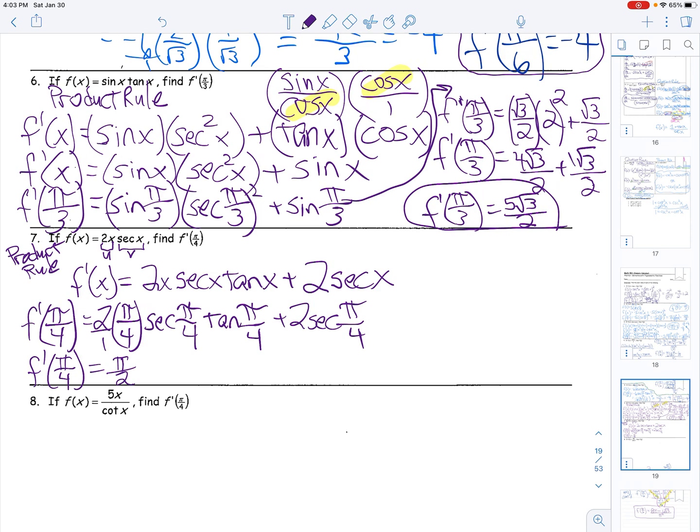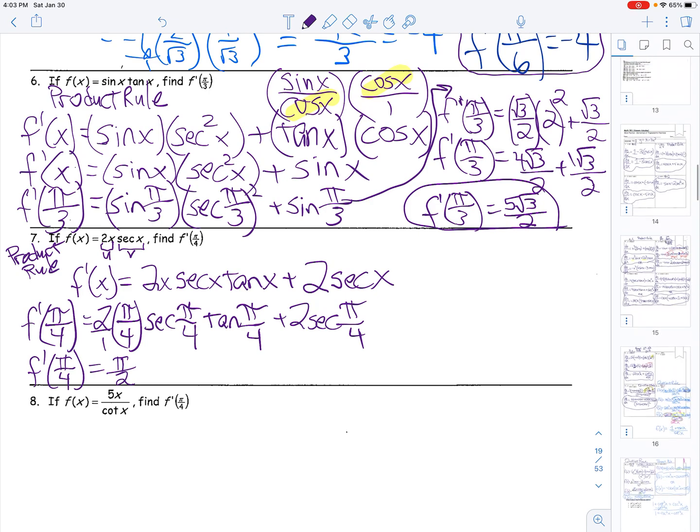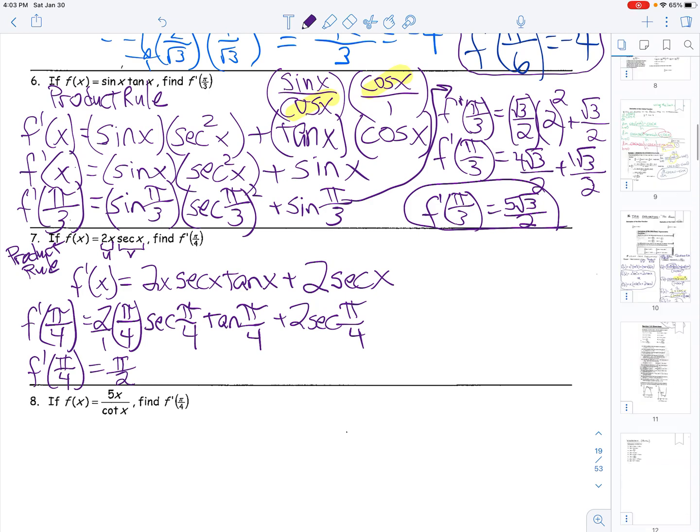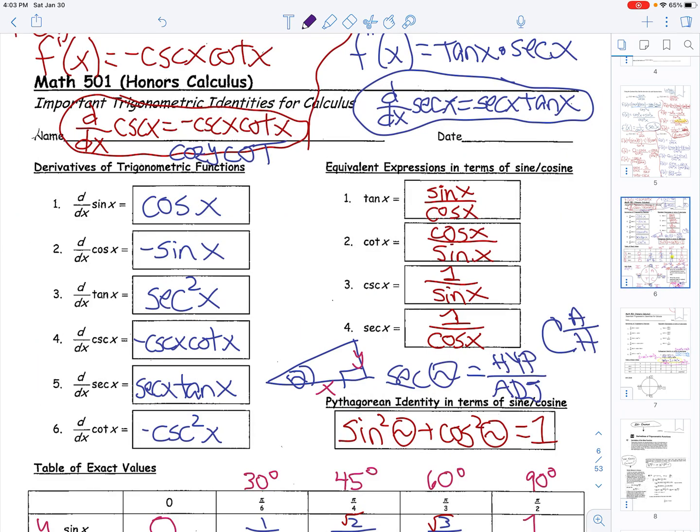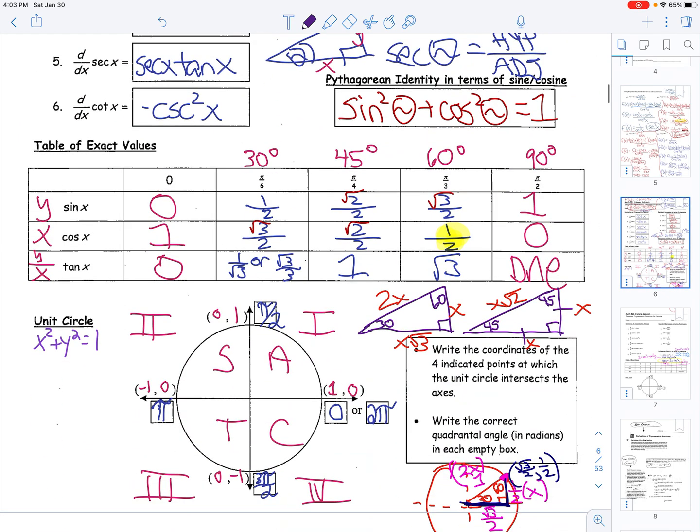That's 2 pi over 4, which is pi over 2. Secant pi over 4, tan pi over 4. All right, we'll go back to the old table there. Tan pi over 4 is 1.